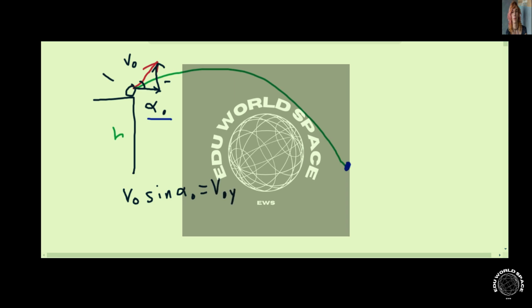And then for v naught x, which is the same as v final x, because in the x direction there is no acceleration, that is just going to be equal to v naught cosine alpha naught.